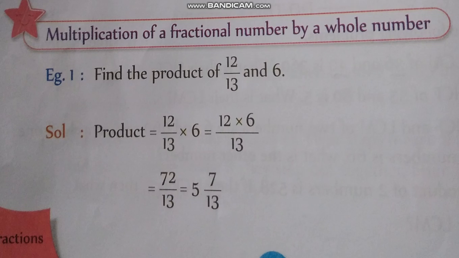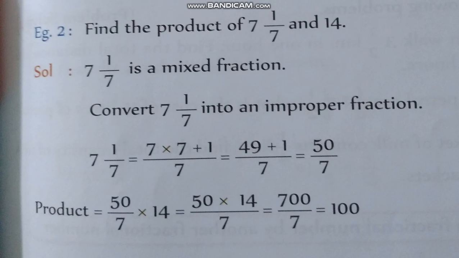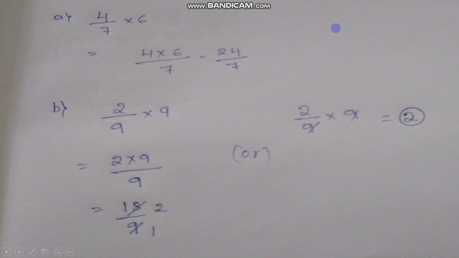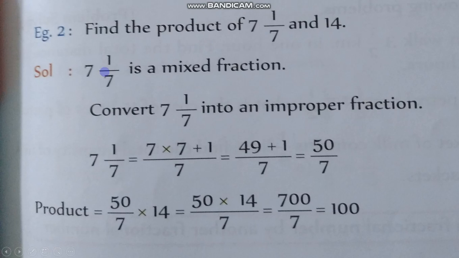Next we can discuss another example. Find the product of 7 1 by 7 and 14. So in this case it has a mixed fraction. First you convert this mixed fraction to an improper fraction. Then we multiply with 14. Now 7 1 by 7 is a mixed fraction. Convert it into an improper fraction. How is it done?